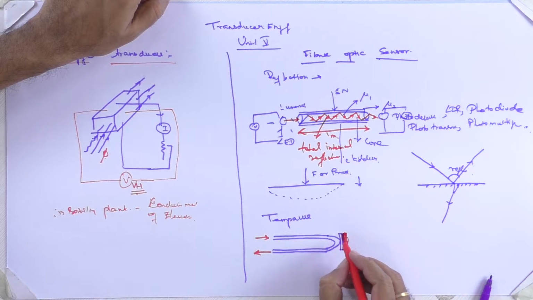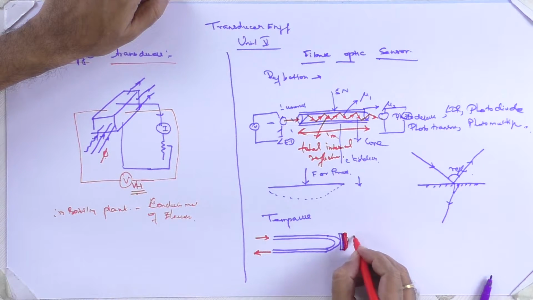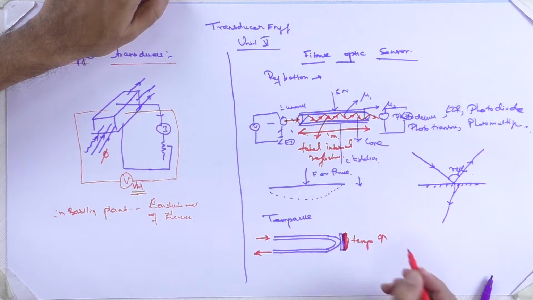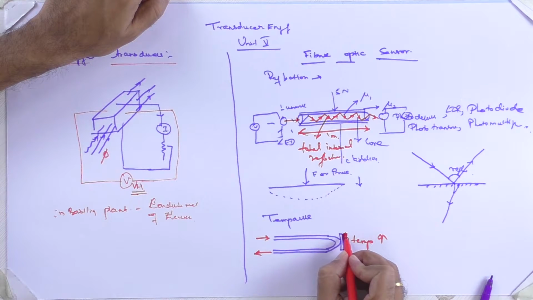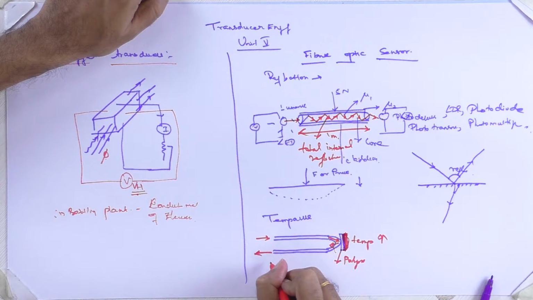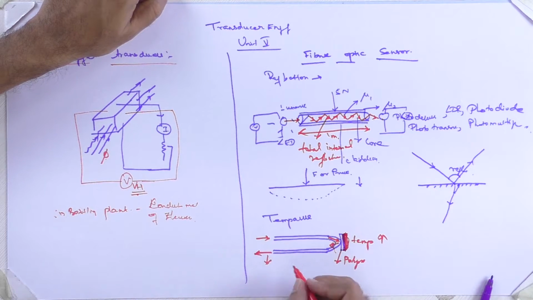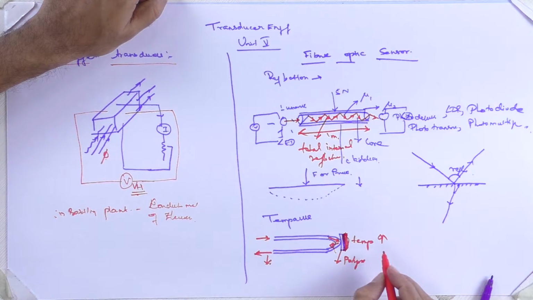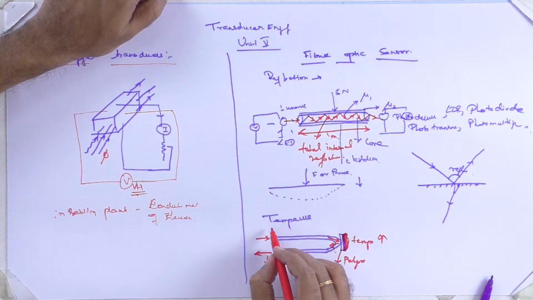But when there is a temperature increment, this temperature will hit the metal and then it will change the polymeric property which is present here. This is the polymer, which will affect the bending polarization. So the light which is going in, the polarization will be diffracted differently and there will be a reduction in voltage.